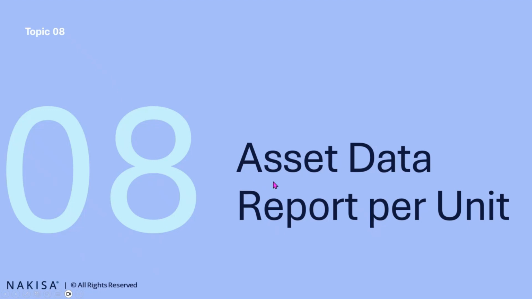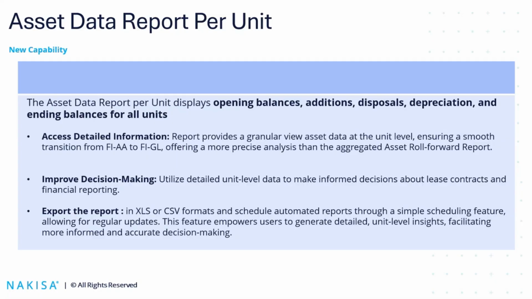We have a new report, which is the asset data report per unit. This report was not available in any of our older versions, the latest version being 6X, since Edward came on it. The asset data report displays the opening balances, additions, disposals, depreciation, and ending balance for all units.